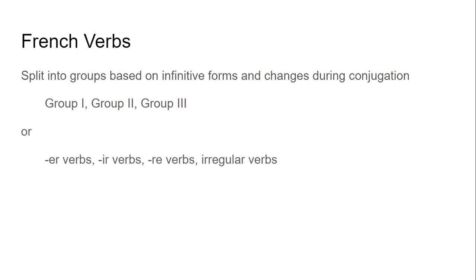ER verbs, IR verbs, RE verbs, and irregular verbs. My way is probably less helpful when you dig into actual linguistics. There are probably really good reasons why actual language scientists do the group 1, 2, and 3 thing. But for our purposes, I think it's simple enough to say that they are the ER verbs, the IR verbs, and the RE verbs, and irregular verbs.